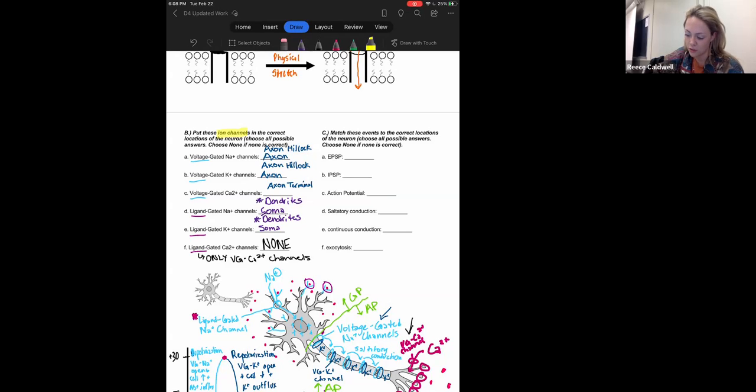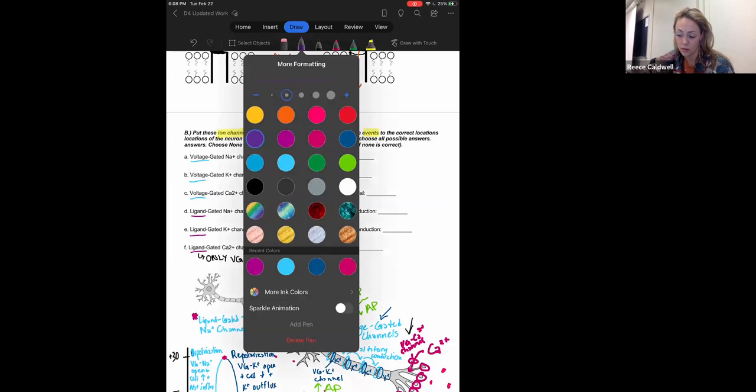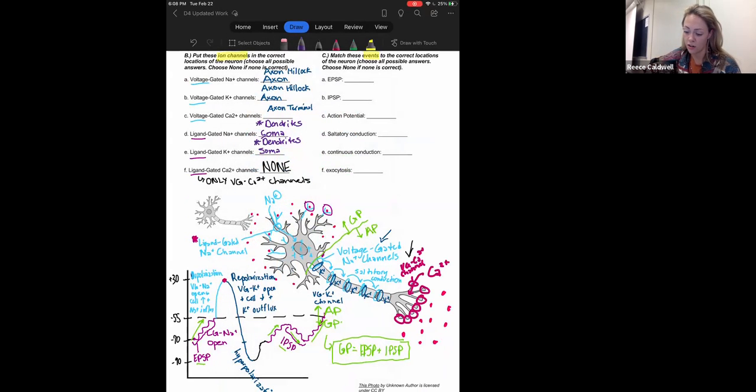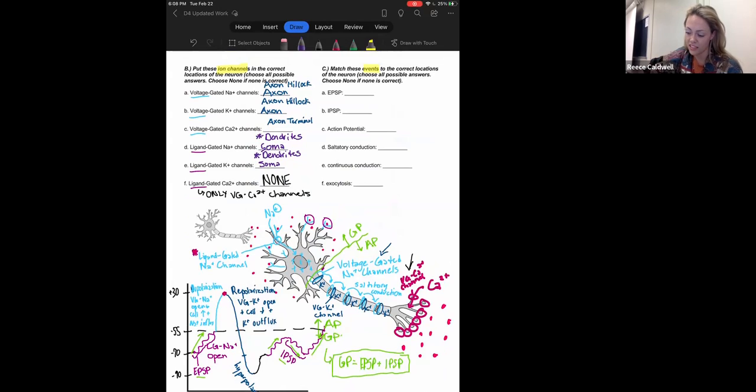So let's do C. C is asking us about these specific events. First we're asked about EPSPs and IPSPs, where these occur. Those are parts of the graded potentials, and we see that they occur at the dendrites and cell bodies, or the somas.